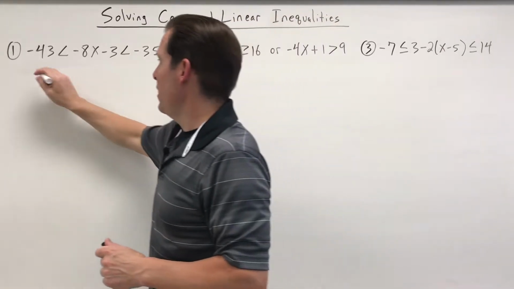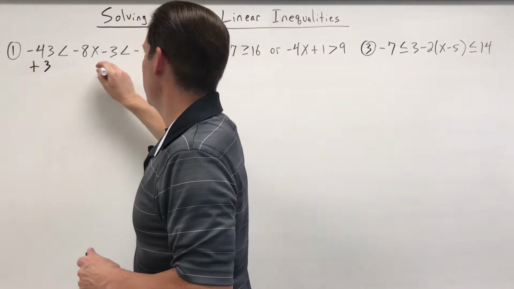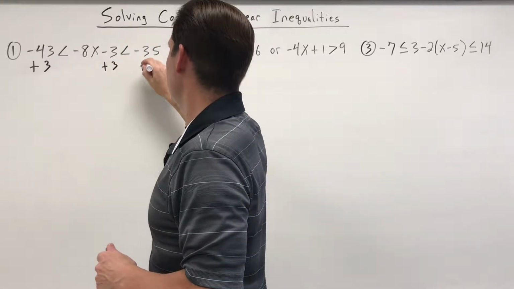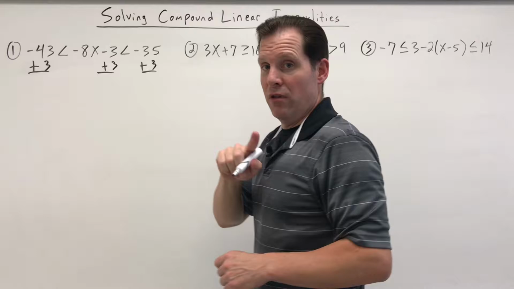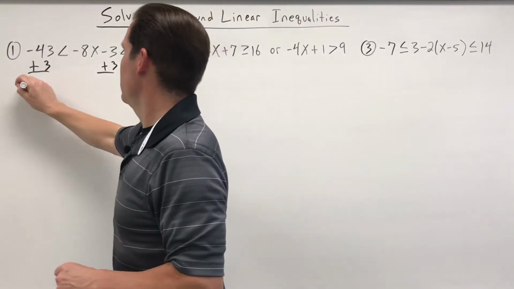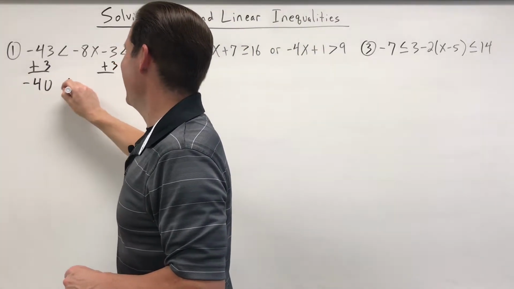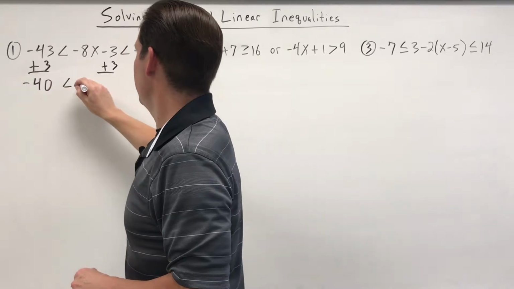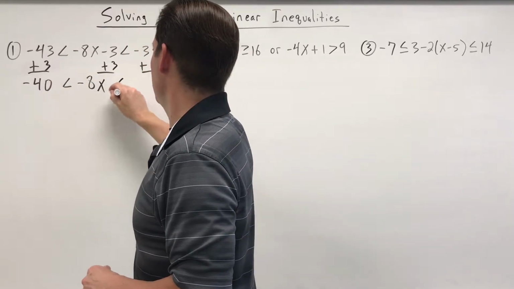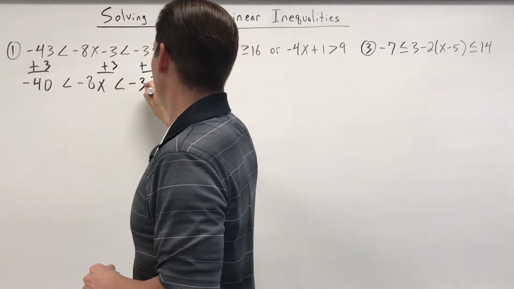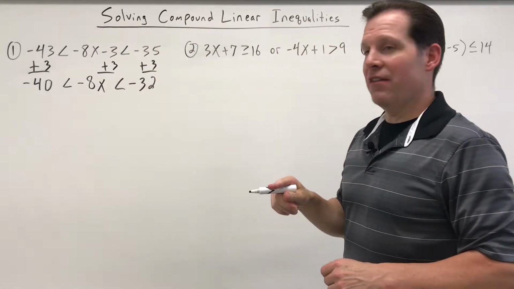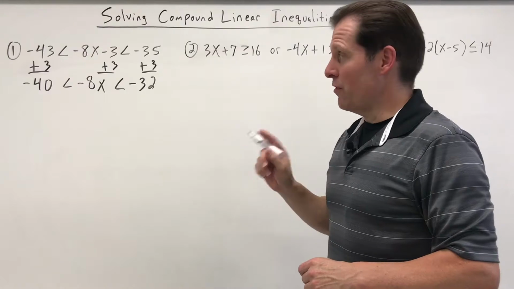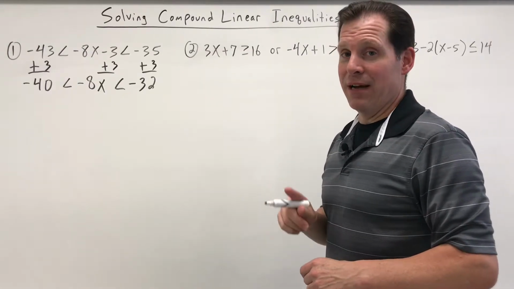So I'm going to add 3 to the left, add 3 to the right, and in the middle. When I do that, it gives me negative 40 is less than negative 8x, which is less than negative 32. So now I just have negative 8 times x in the middle. If I want to get rid of that negative 8, I got to divide by negative 8.